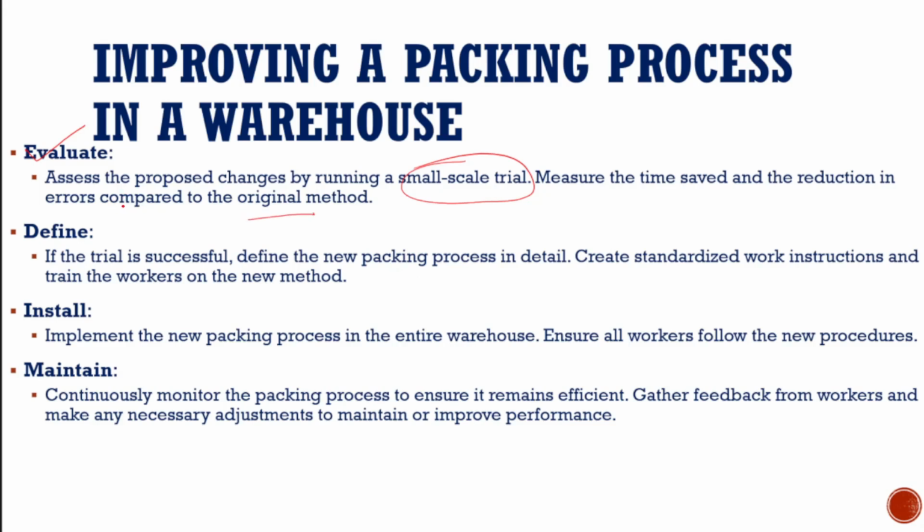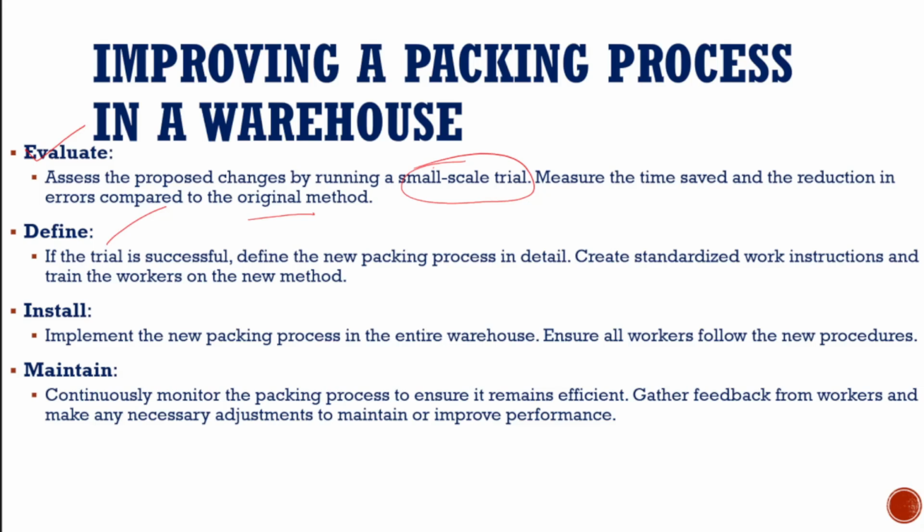So in evaluation, we are running a small scale trial. At the same time, we are comparing the new method with the original method. Next is to define. If the trial is successful, define the new packing process in detail, create standardized work instructions, and train the workers on the new method.